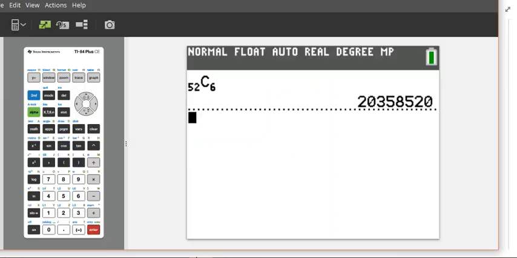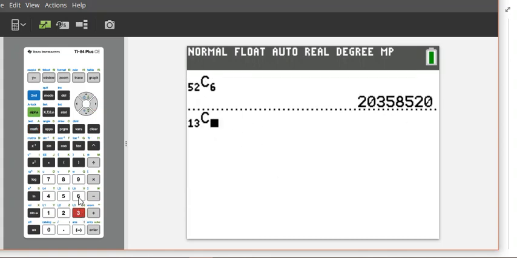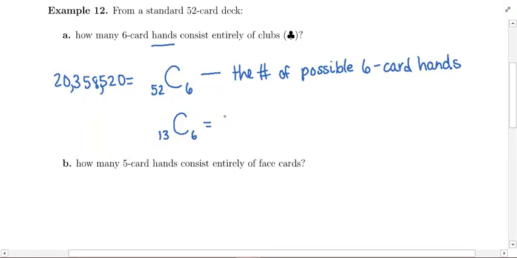So this is how you're going to compute this. Now I'm going to go to my calculator and do 13 choose 6. So I get 1,716. I'll keep it in line so you can compare it to the top number.